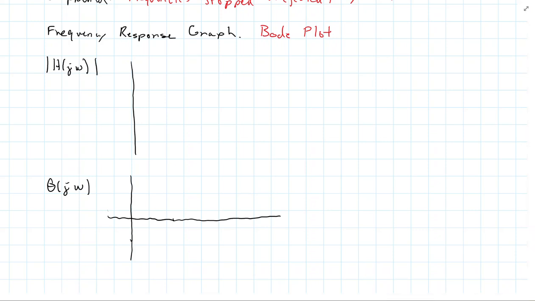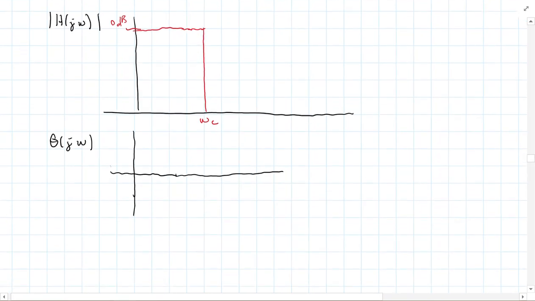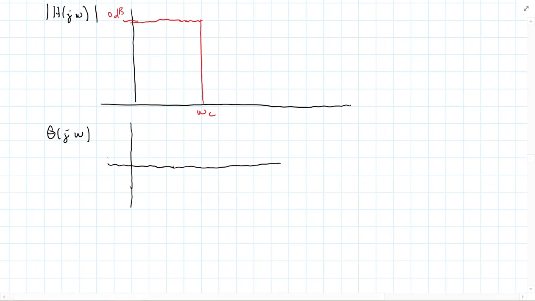Now, a common one to start with is if I have 0 dB, and actually I will go ahead and put in the axis down here. And then we would call this omega c. And then for this kind of filter, this is again the magnitude, and here this is the phase.